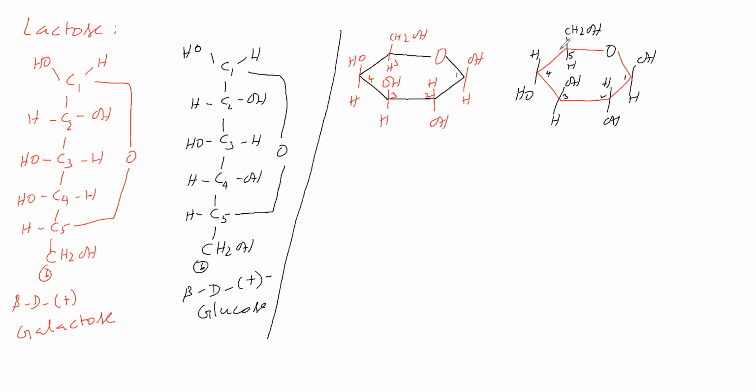Okay. Now we have to give the ether linkage, the glycosidic linkage. In the glycosidic linkage, the OH group of C1 carbon of galactose and the OH group of C4 carbon of glucose go for the glycosidic linkage.